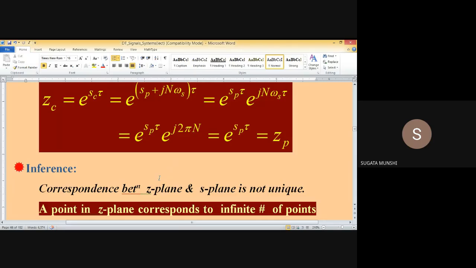So it also shows that the correspondence between the Z plane and the S plane is not unique. Every point in the Z plane corresponds to an infinite number of points in the S plane, but the reverse is not true.